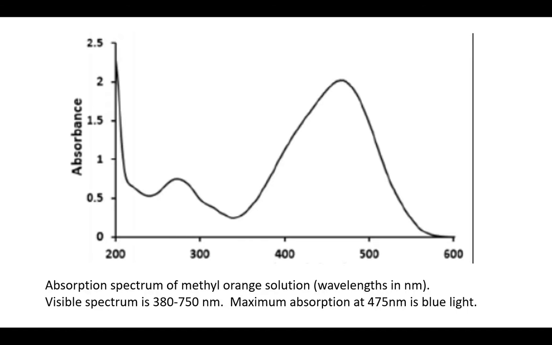The visible spectrum stretches from about 400 nanometers, the violet high frequency end, up to about 750, the red end. So the visible spectrum goes way to the right of what's shown in this graph. So what's absorbed mainly is about 470 nanometers. It's clearly in the blue part of the spectrum. And if blue light is absorbed from white light, only the red and orange passes through, and it appears red-orange to us.